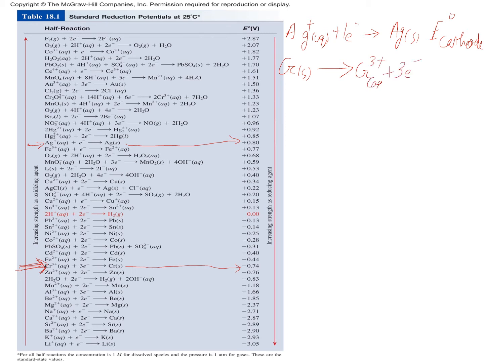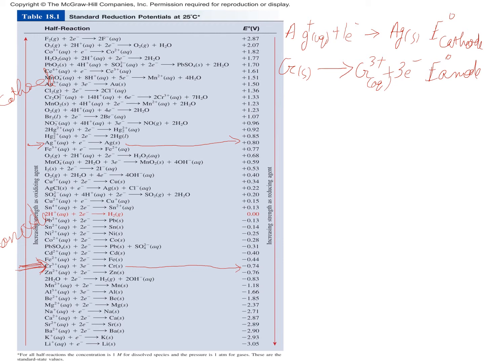So you can write it as is, it's given to you. And now it's reversed, meaning this is the anodic reaction. This is oxidation, right? Loss of electrons. So this happens at anode. So remember, whatever's on top of the chart happens at cathode. Whatever's at the bottom of the chart happens at anode. That's it. Whatever you reverse is happening at anode. So now these are my two half reactions.